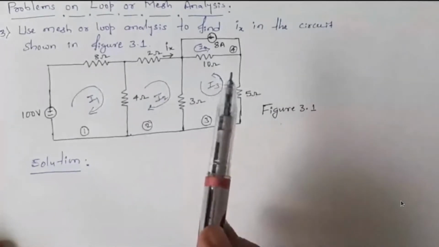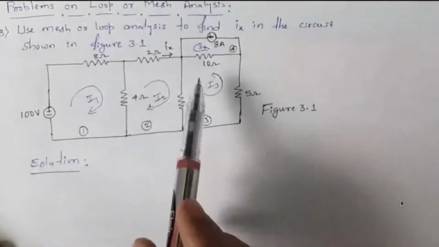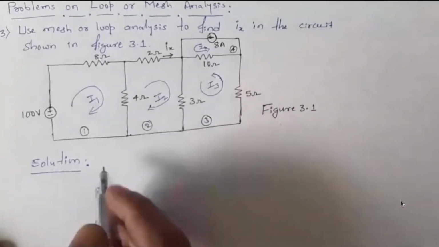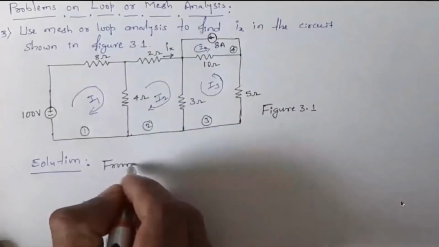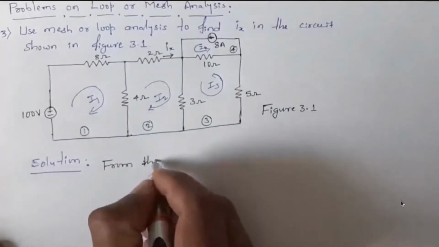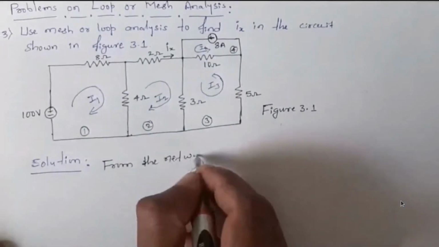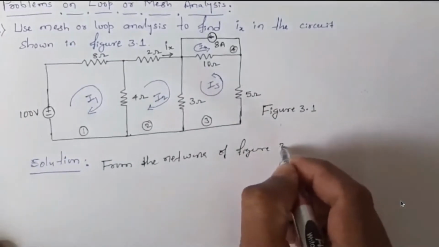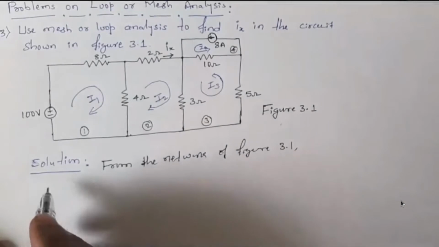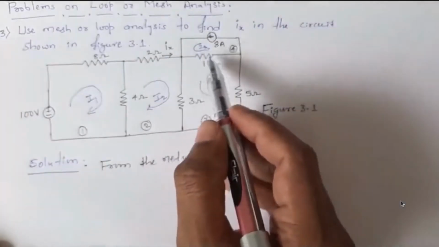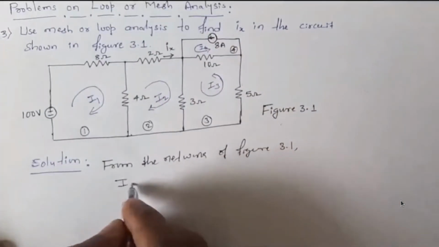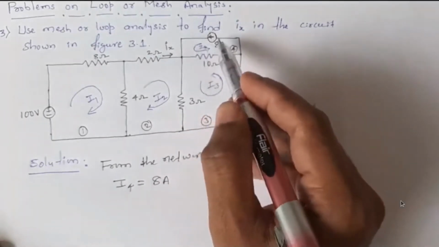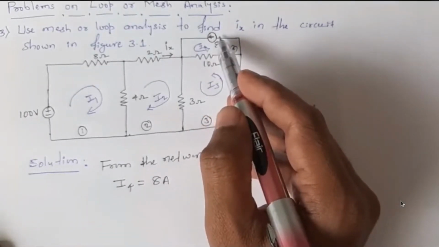From the network of figure 3.1, I can directly write I4 is equal to 8 ampere, because this is the current I4 and it is given as 8 ampere.